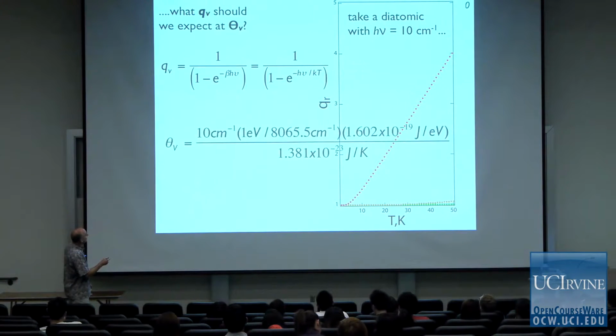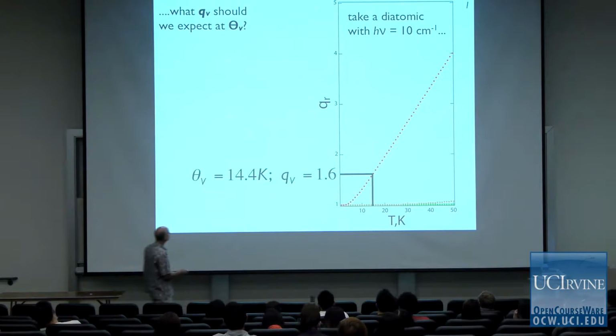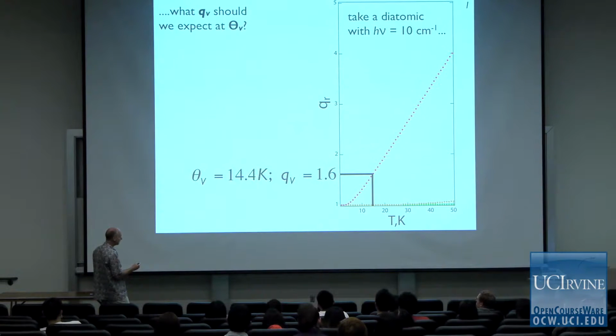Okay, so let's calculate what the characteristic vibrational temperature is for a 10 wave number mode. Of course, in real molecules, we hardly ever see a vibration that has this little energy. This would be unusually low. But let's do the calculation anyway. The vibrational temperature would be only 14 degrees Kelvin.